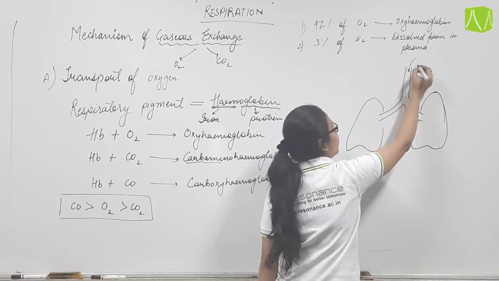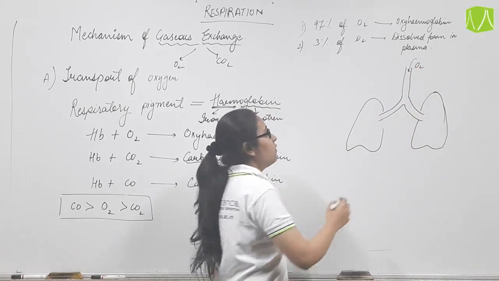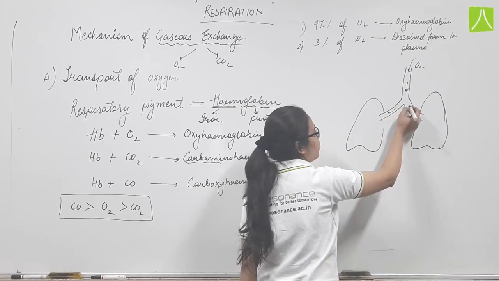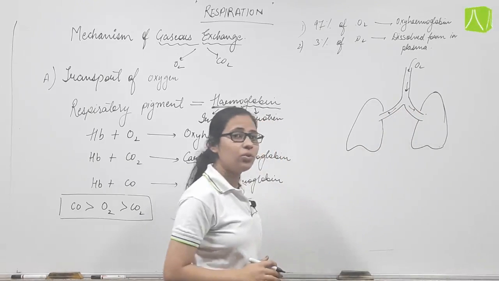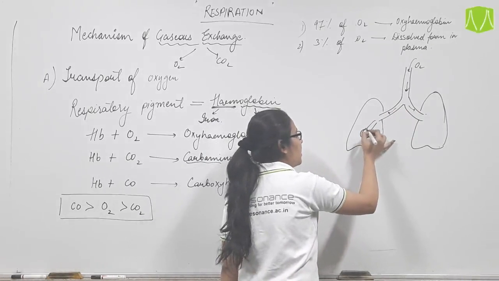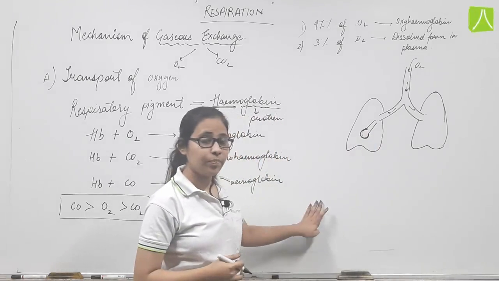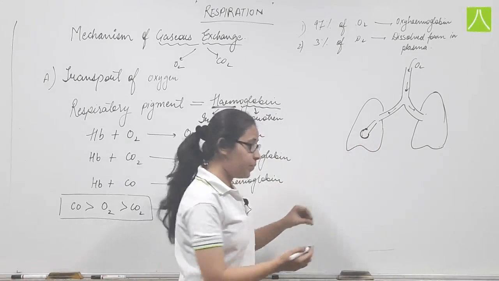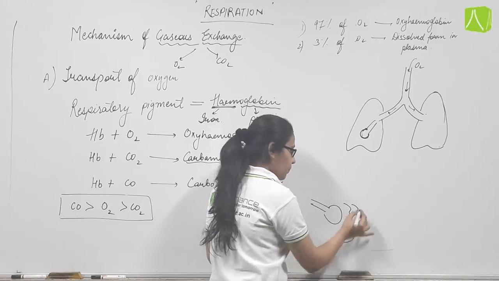Now O2 is inhaled, as we have seen in inhalation, which then enters the windpipe, then the respective bronchi, and from the bronchi to the lungs. Then it enters into the alveoli. We know that the alveoli are the site of gaseous exchange, and they remain surrounded with blood vessels.